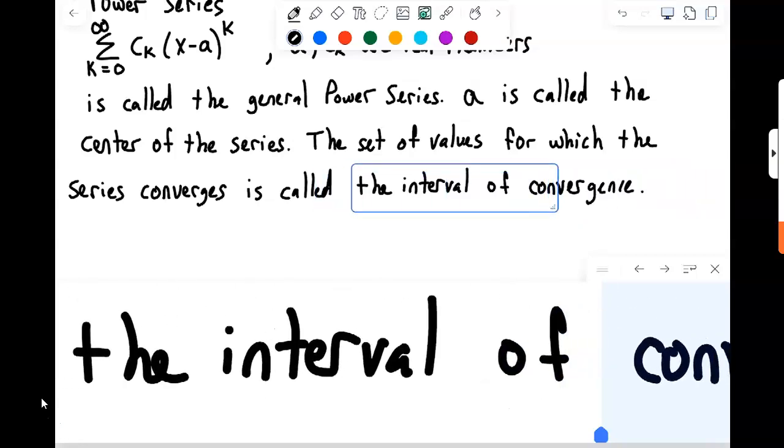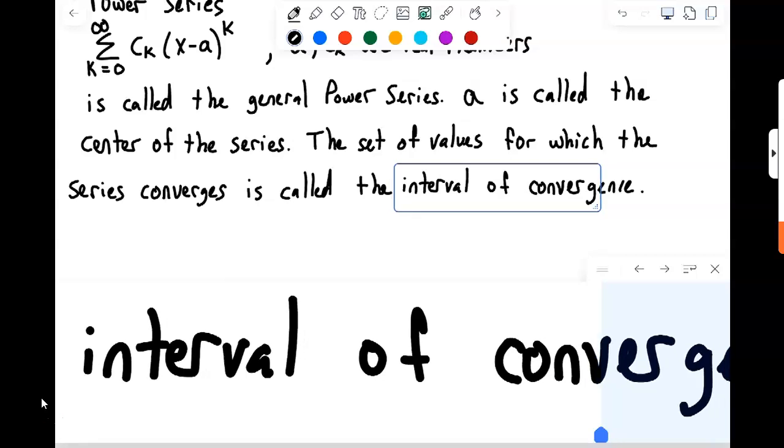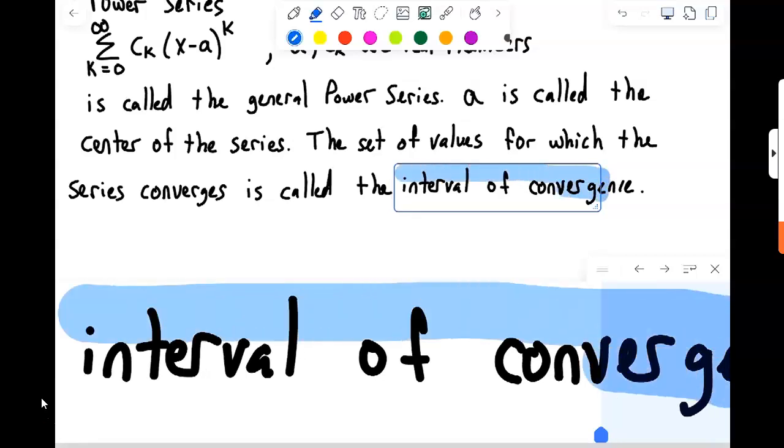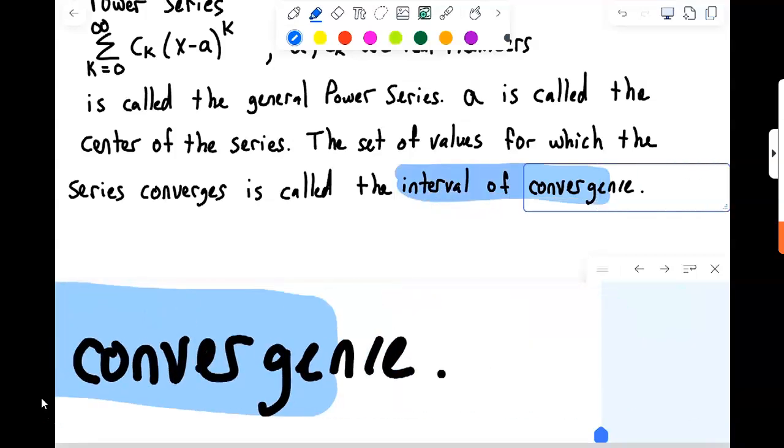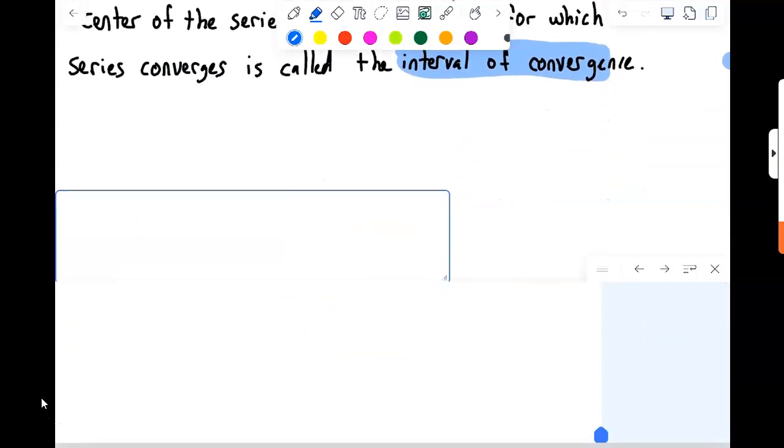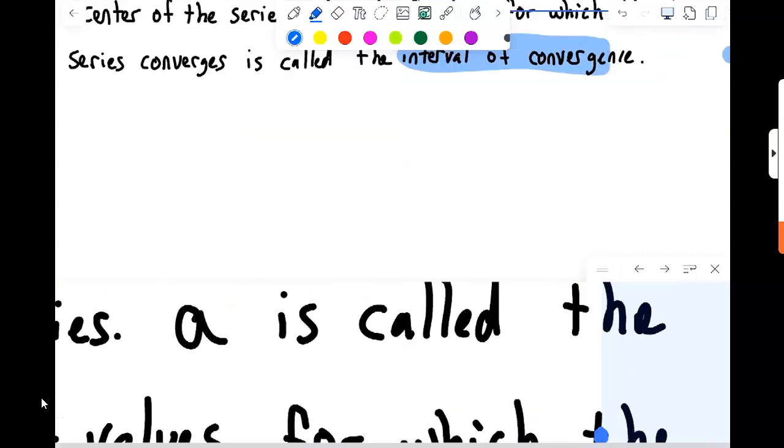The set of values for which it converges is called the interval of convergence.